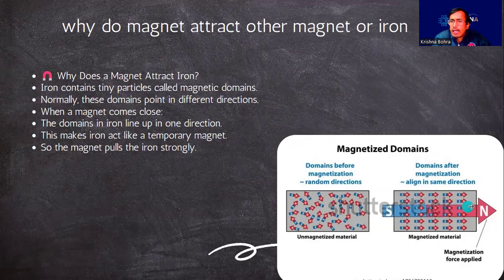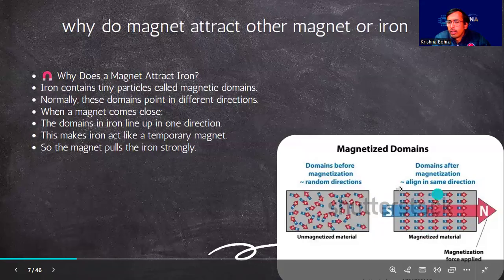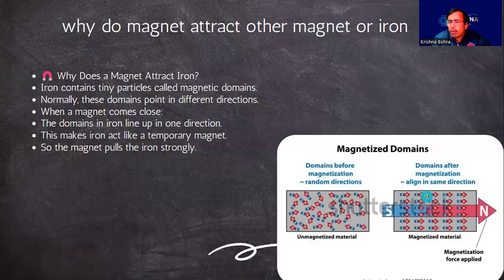If the domains are aligned in a specific way, if they are pointing outside the material, we call this pole a north pole, and if they are pointing inward, we call this pole a south pole. If all these magnetic domains you see in this picture are aligned in the same way, pointing outside at one end and inside at the other end, only then will the object become a magnet. If the alignment of these tiny domains is random, the object will not behave like a magnet.